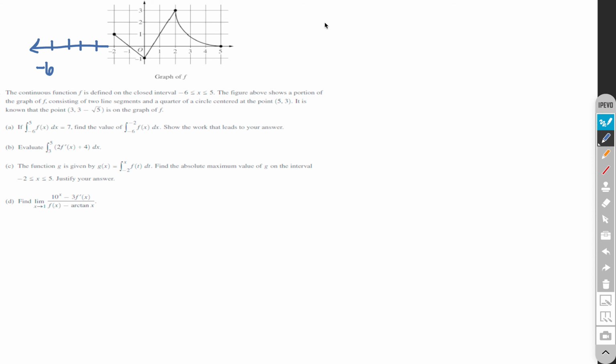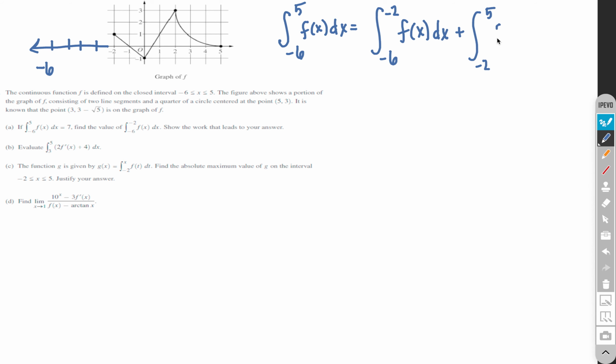So what we can do is use properties of integrals to split this integral that we're given, the integral from -6 to 5 of f of x dx, into two integrals. One that'll go from -6 to -2, and one that'll go from -2 to +5.